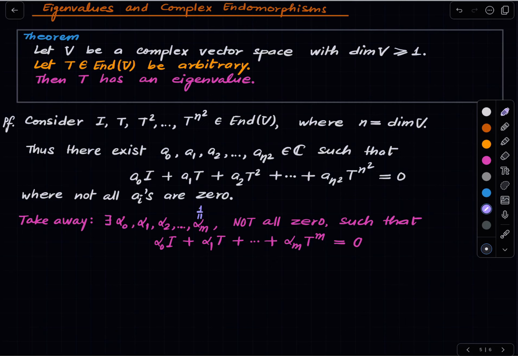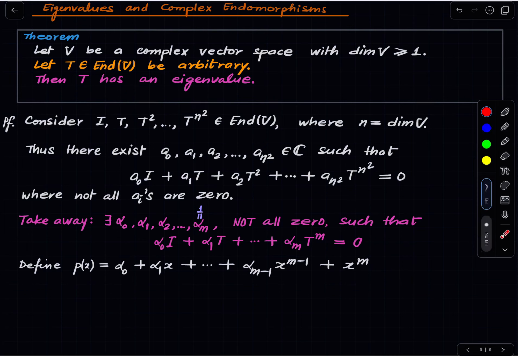Okay. Now define P(x) as this polynomial plus alpha m x to the m, but alpha m is 1, so I can just write x to the m. So P(x) is a monic polynomial, and what this says is precisely that P(T) is 0. That's exactly what this is.